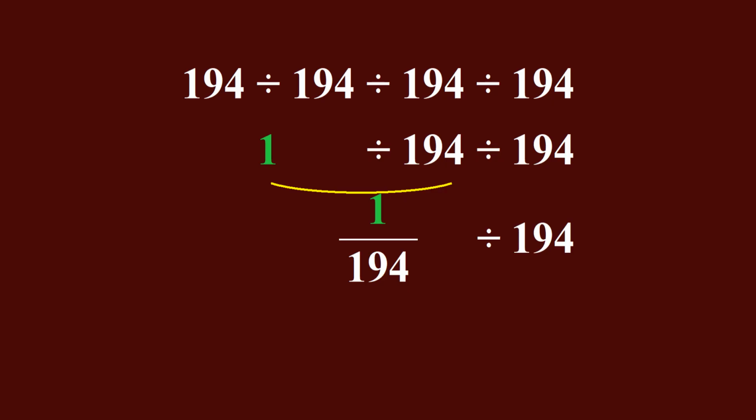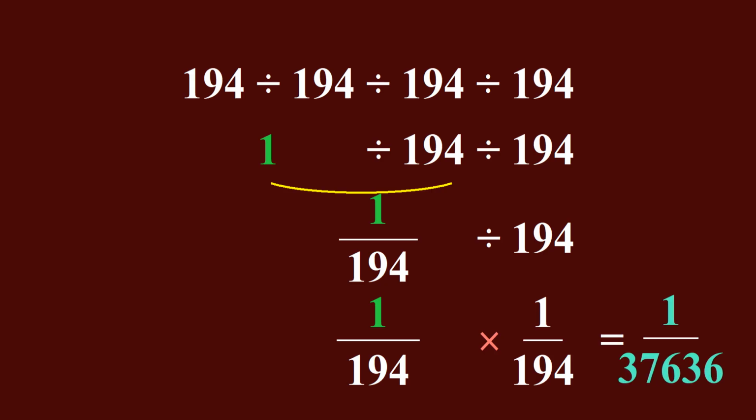So we must keep the first fraction 1 over 194 and change division to multiplication, then flip the second fraction, 1 over 194, which equals 1 over 37,636. And this is our final answer for this problem.